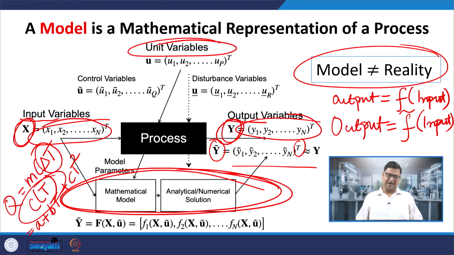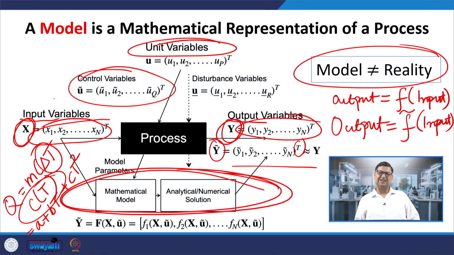So there are certain model parameters which I will include in the model, which are called control variables, and I will talk more about that. But there are certain model parameters which I will choose to ignore, maybe because their effect is less. Let us say wind is blowing, and I don't want to account for that in the heating of water in a vessel. In that case, the wind becomes a disturbance variable.